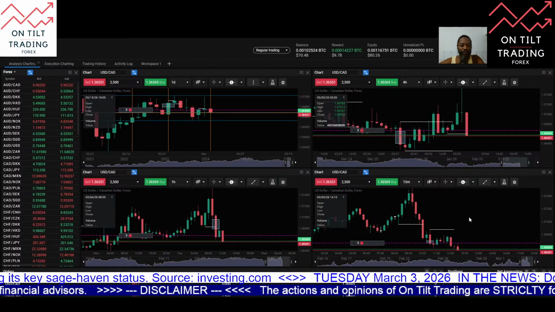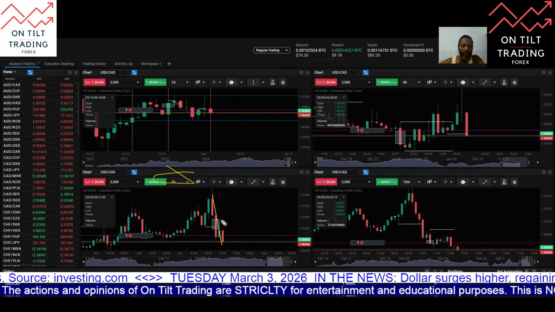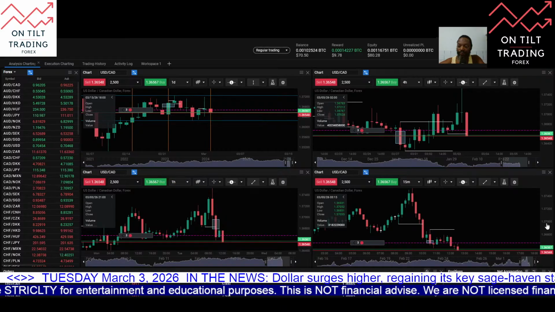Then if we come to the 1 hour chart, we can see price action here has put in a body candle close and a fair value gap, so price is trending here.